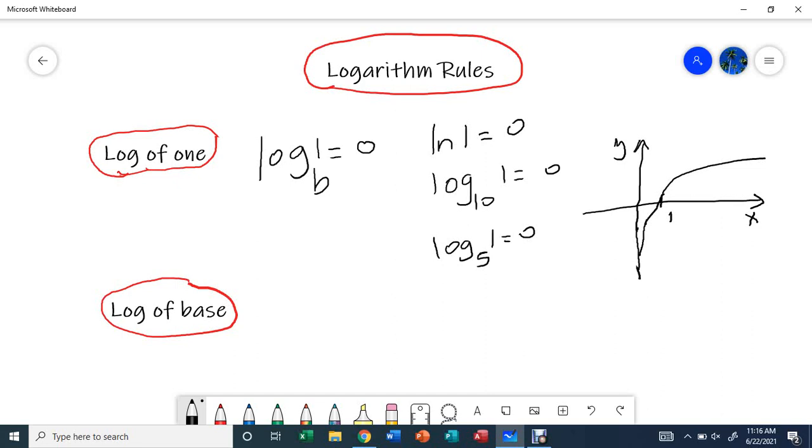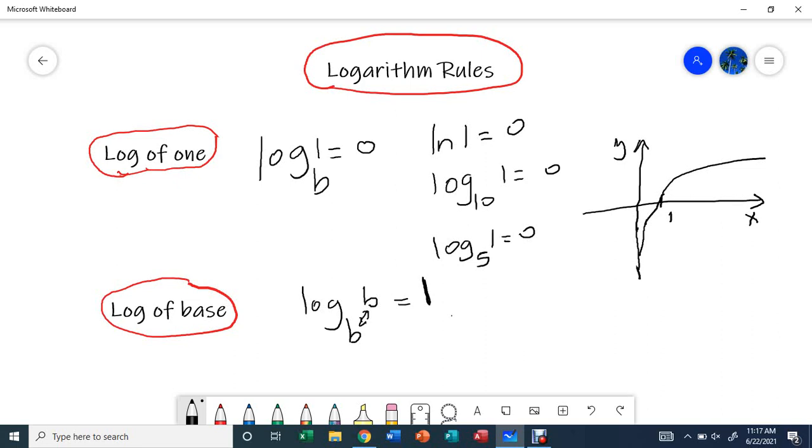Now let's talk about the second rule, which is the log of the base. For example, log base b of b is always 1. When you have the same values here, it is just 1.